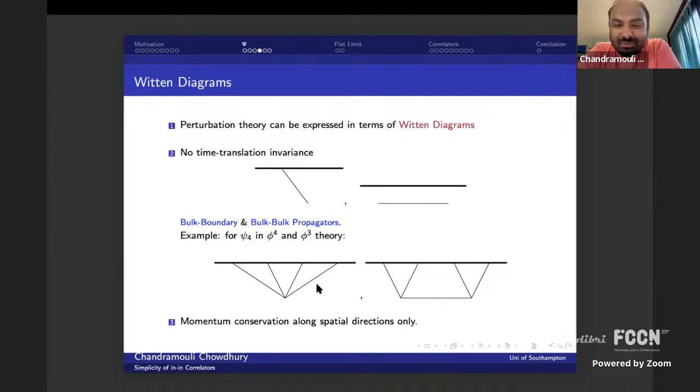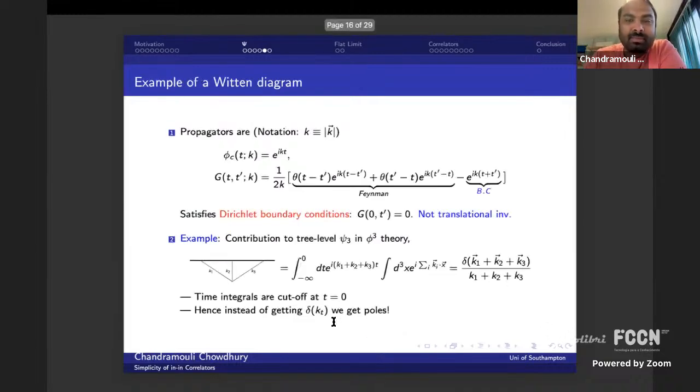And from the way the diagrams are drawn, it also manifests that momentum conservation is along the spatial directions only. Okay. Sometimes in the ADS literature, the same diagrams are drawn with a circle instead of a line. So that's it. Very good.